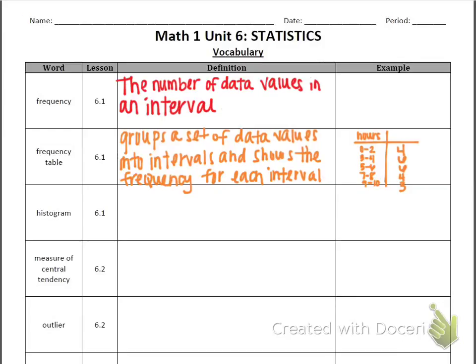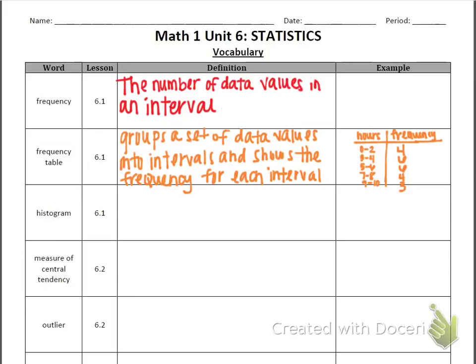So then we would label that frequency. Okay. So on the left are your intervals, and you want to make sure that you identify the measure of the interval. The right is always going to be the frequency. How many people, how many data points fall into that interval, into that category. Okay?